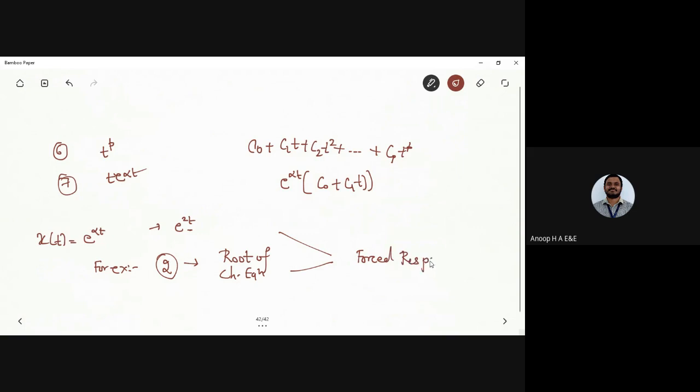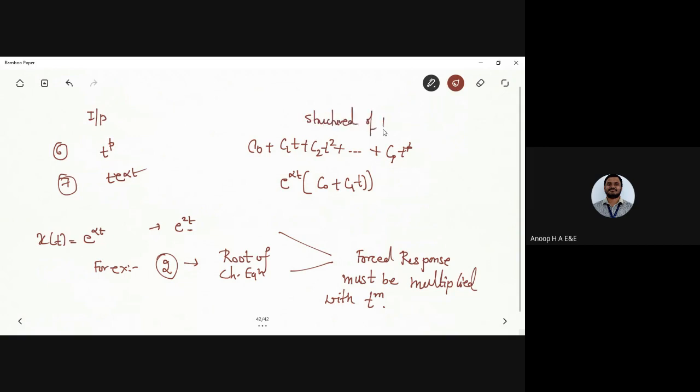The forced response must be multiplied with t power m. Got it? So this is the input what we are going to give, and this is the structure of the forced response.